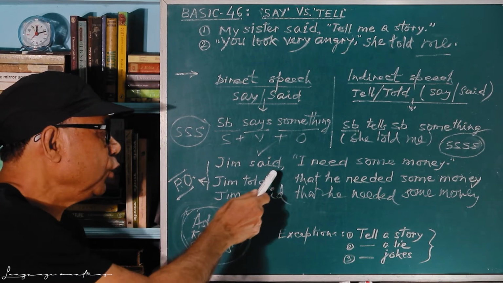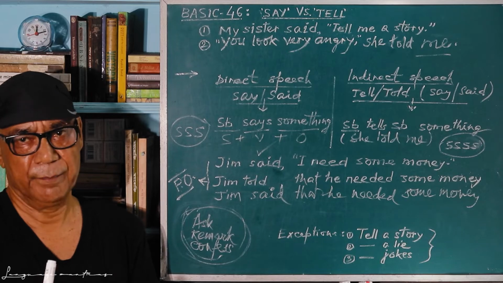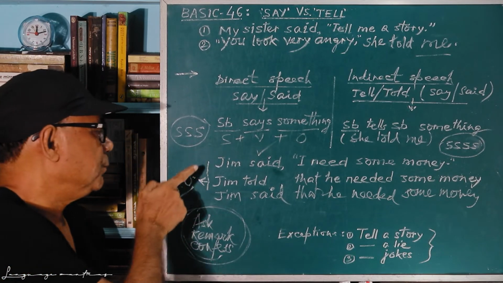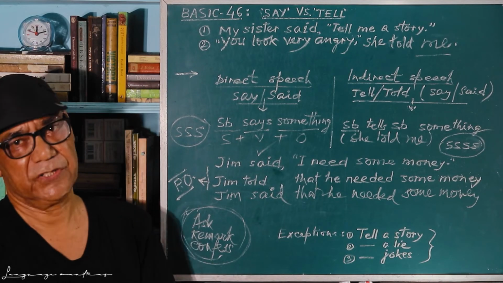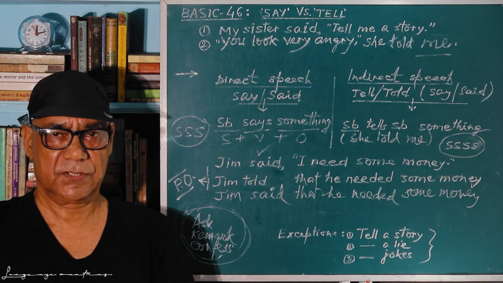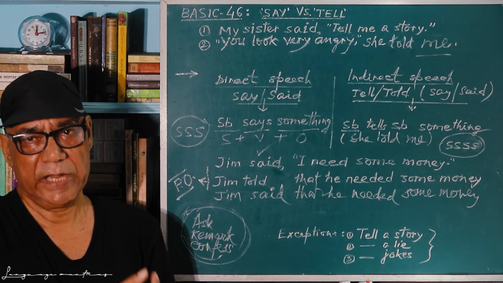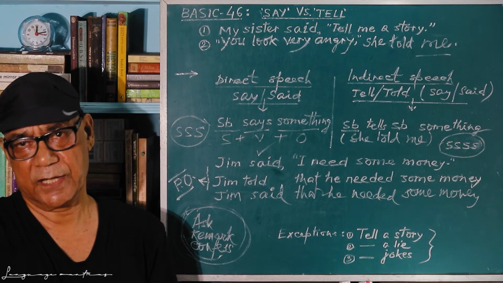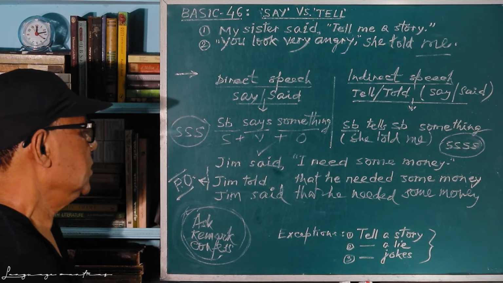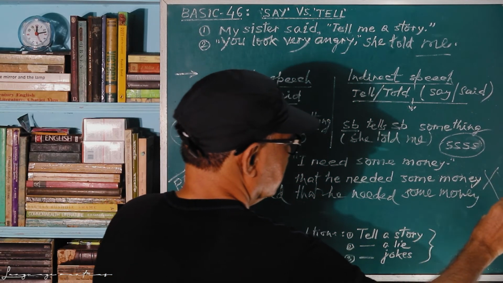Because there is no reference to me or him or her. That means person spoken to is totally absent here in the main sentence. But here you cannot import it from outside. All of a sudden you cannot import me there or him there or his father there. No, you cannot do. Therefore, this sentence, that is, Jim told that he needed some money, is absolutely wrong.